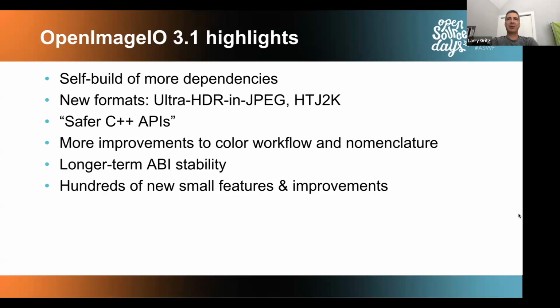Less because of it in particular, but more because you've got to build all the dependencies first, and then OpenImageIO has to know how to deal with whichever versions you have. We often don't dictate a specific version of each dependency, but really we try to cater to a range because we want to be able to fit into a variety of pipelines where different studios may have slightly different sets of dependencies that they need to work.